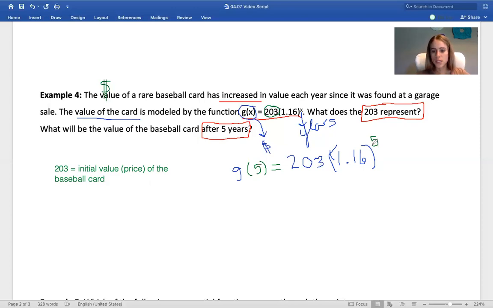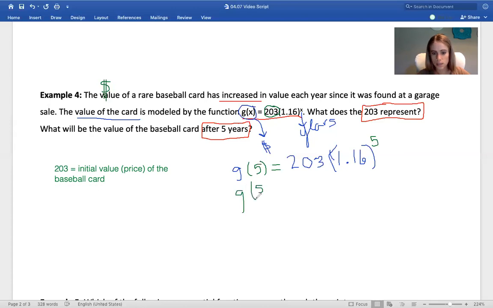All right, order of operations. I need to start with my exponent, so please make sure when you calculate this, you remember that exponents means it's your base, so the 1.16, multiplied by itself 5 times. So it's 1.16 times itself 5 times.